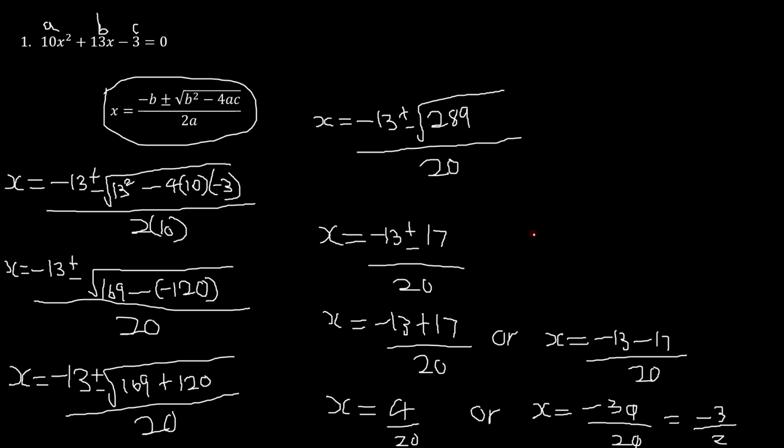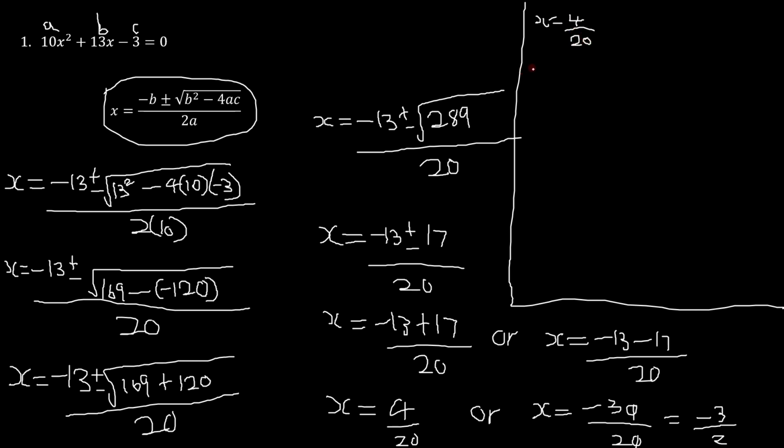So let's write the answer here in this little space that we had. So we say x is equal to 4 all over 20. So we say in this place x is equal to 1 all over 5. So we say again, or x is equal to minus 3 all over 2.